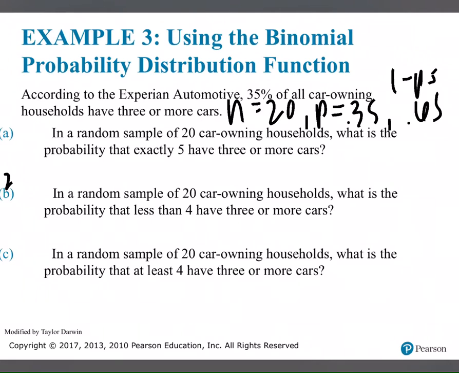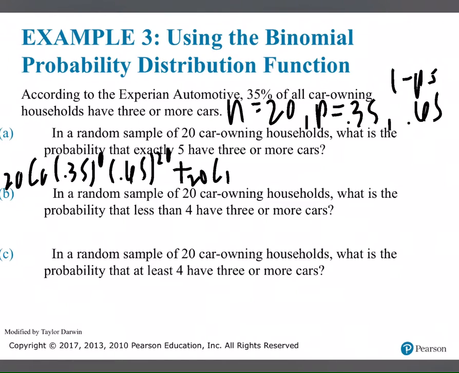So for 0, it would be 20C0 times 0.35 to the 0 times 0.65 to the 20 minus 0, which is just 20. Plus 1 would be 20C1 times 0.35 to the 1 times 0.65 to the 20 minus 1, which is just 19. I'm going to do the 2 and 3 down here, actually.